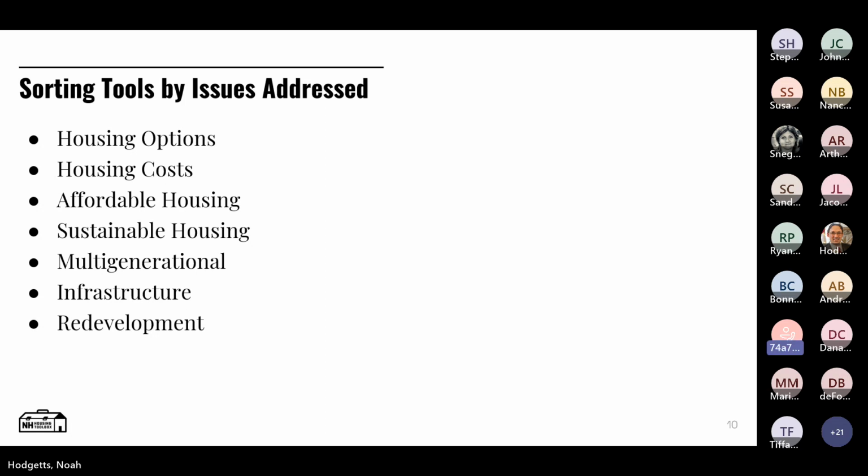And then tools that really apply to redevelopment. So when there's maybe a vacant building or vacant lot or a building that's not being used to its fullest capacity, how can we redevelop those areas in a way that also addresses the housing crisis?